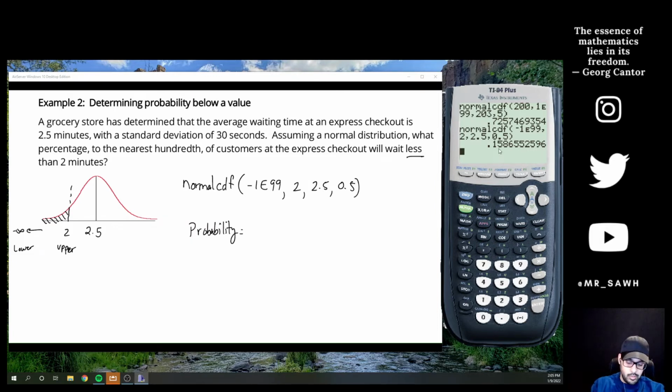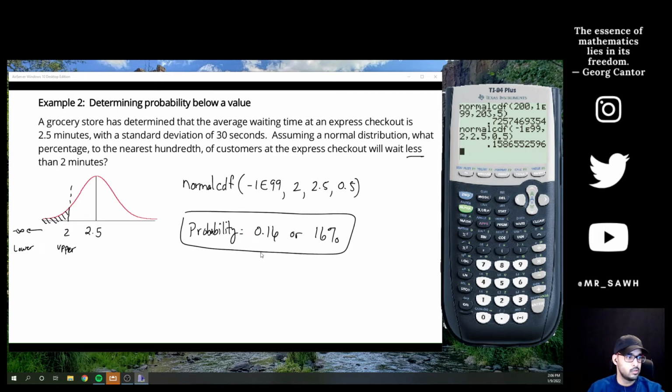To the nearest hundredth, 0.16, or 16%. The picture's not really to scale at all, so don't take that into account. It's just showing us the region we care about. So there's a 16% chance that somebody at the express checkout waits less than 2 minutes.